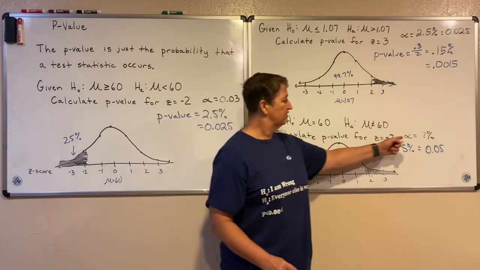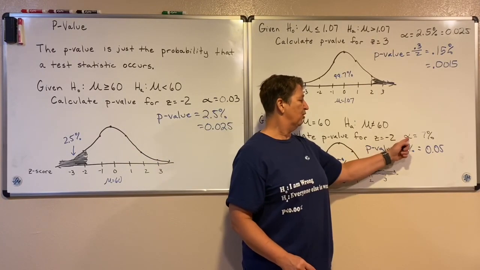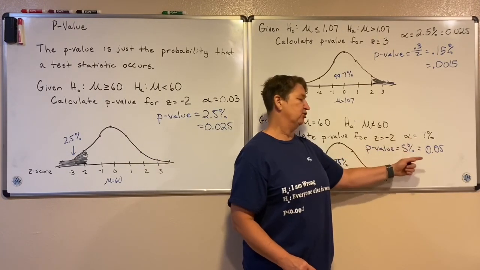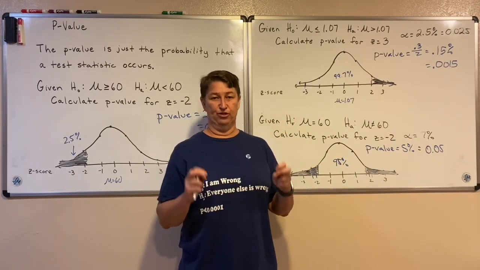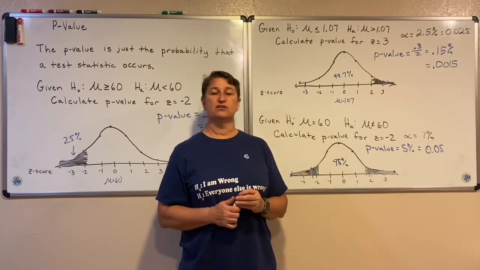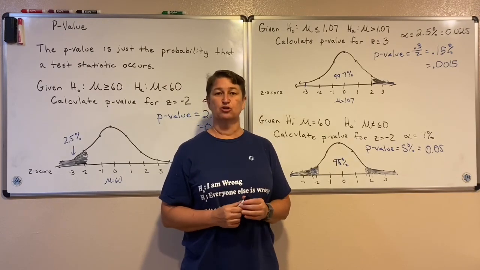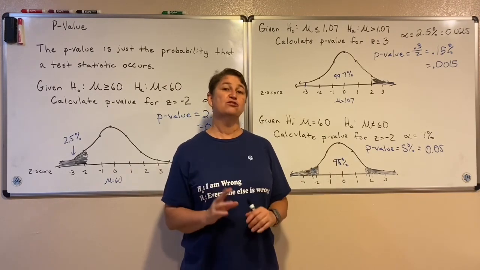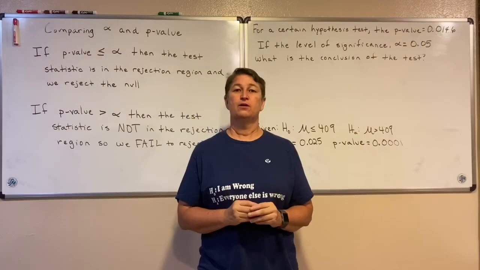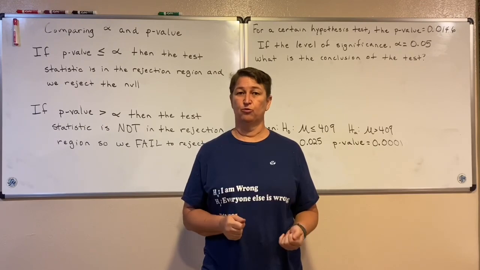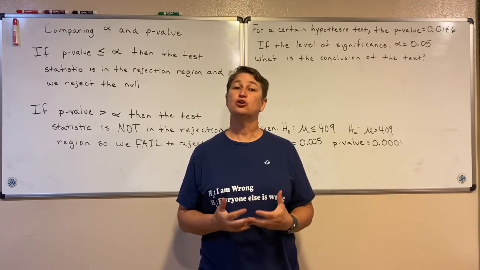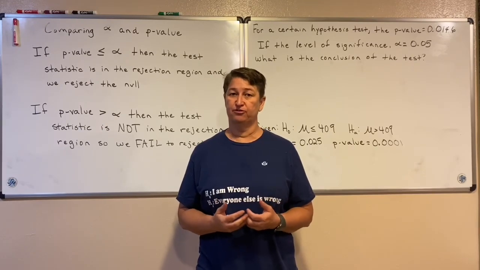So the level of significance and the p-value help us to determine whether or not we are far enough out there. So that level of significance, we have to decide first so we know how far is too far out there. So if we know our level of significance and our p-value, then we can tell the conclusion of our hypothesis test.